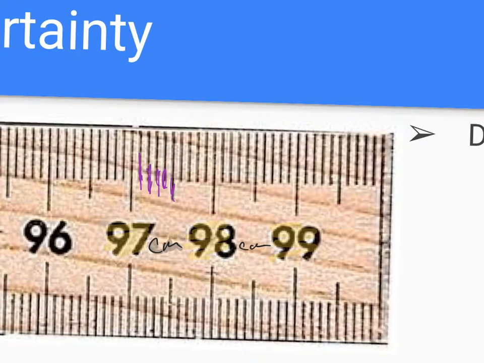So 97.1, 0.2, 0.3, et cetera. And so what that means is that the smallest graduation of our meter stick is a millimeter. And so our uncertainty then is going to be plus or minus, and this is how we're going to write this, 0.05 centimeters in this case, or we can say plus or minus 0.5 millimeters, depending on what units we're actually using for our measurement.